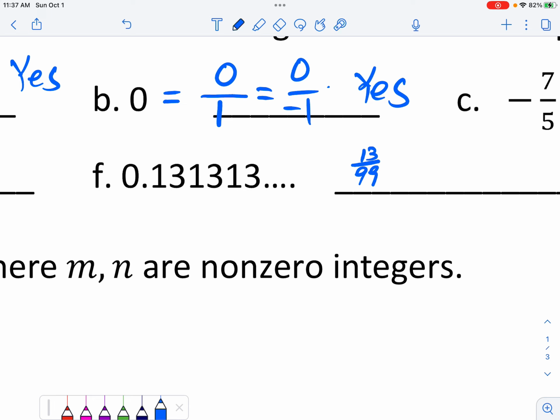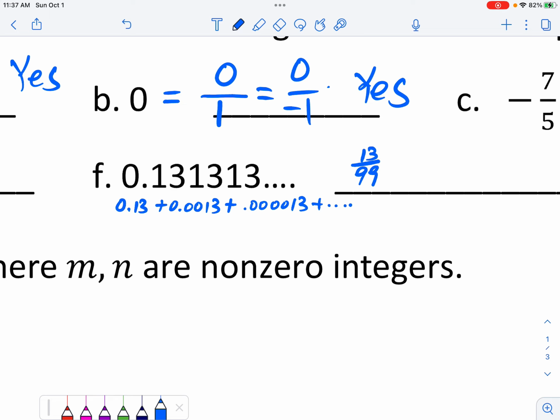There are a couple different ways to find it. One way is you can write this as 0.13 plus 0.0013 plus 0.000013 and so on and so forth. Basically, you break this number into a sum of infinitely many numbers, right? And you can see the pattern: every time you have two extra decimals.